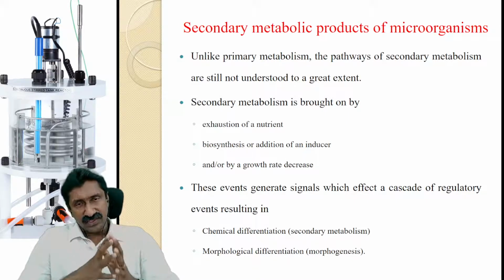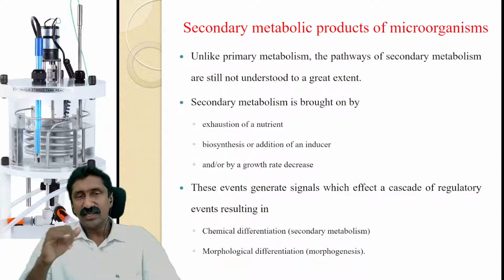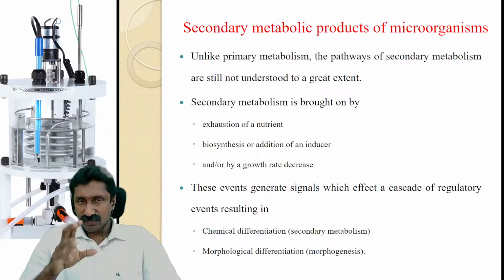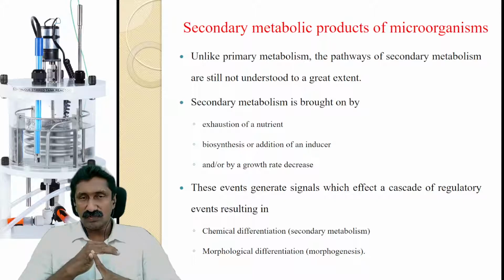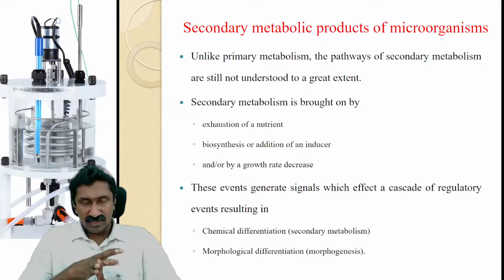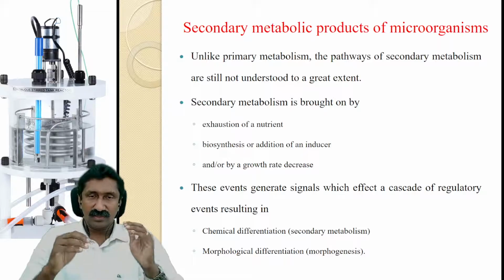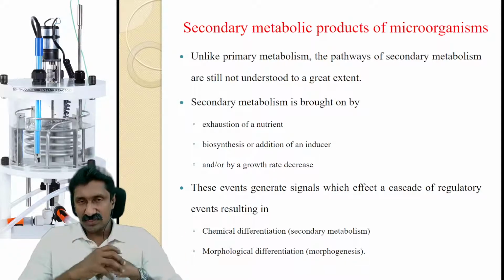And these events generate signals which affect the cascade of regulatory events resulting in chemical differentiation and morphological differentiation. So the previously stated three events, like exhaustion or depletion of the nutrient, addition of the inducers, and also decrease in the growth rate, will stimulate the regulatory cascade, resulting in chemical differentiation and morphological differentiation.